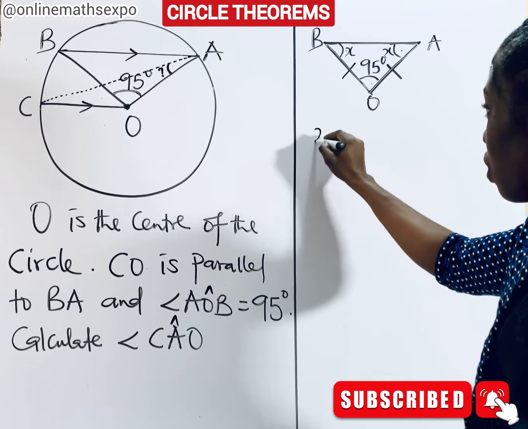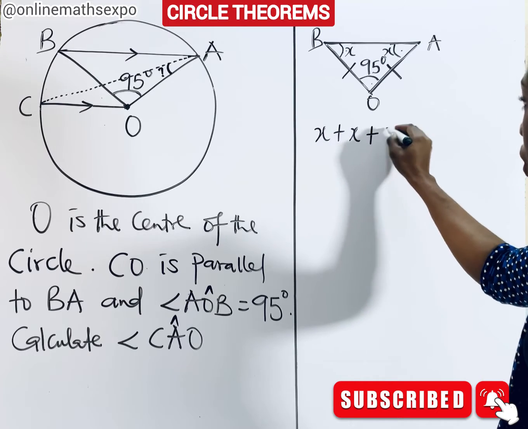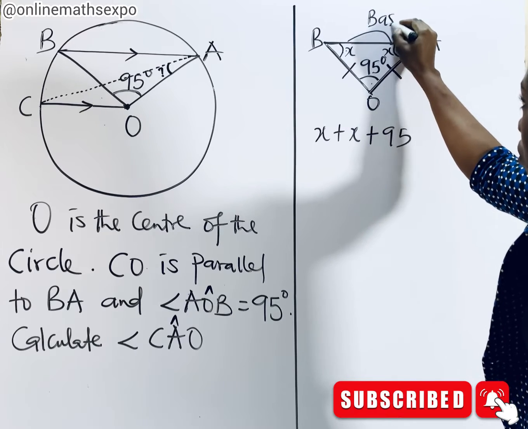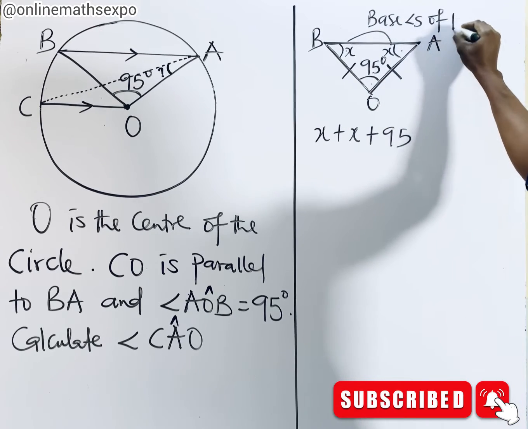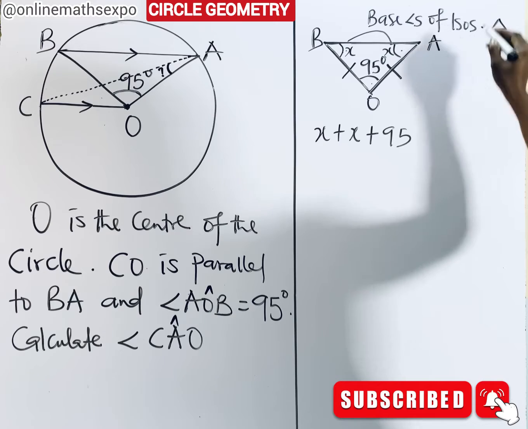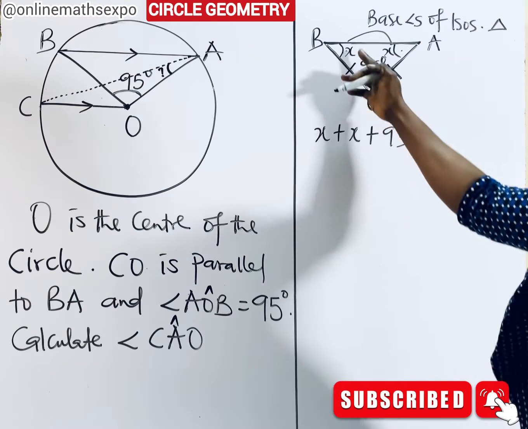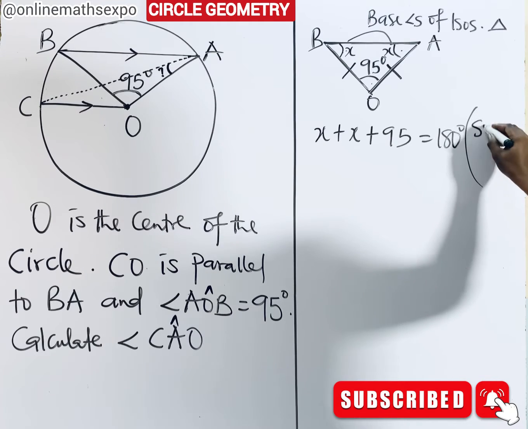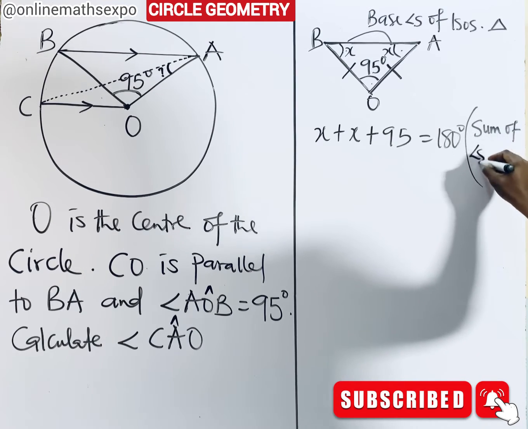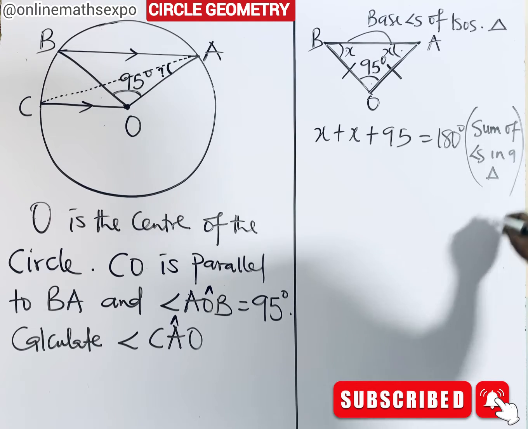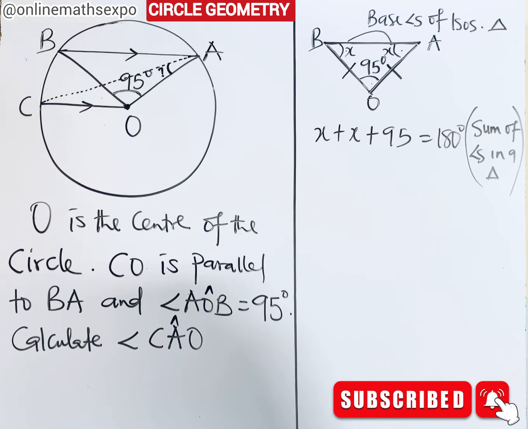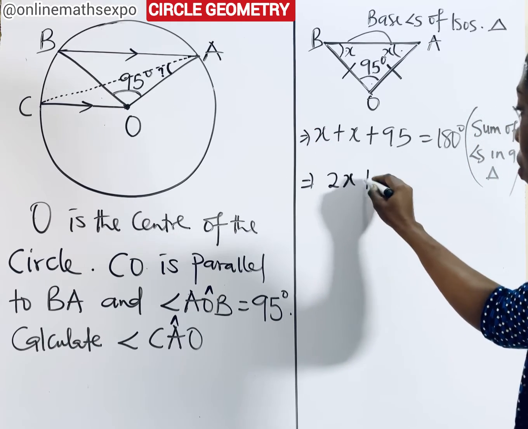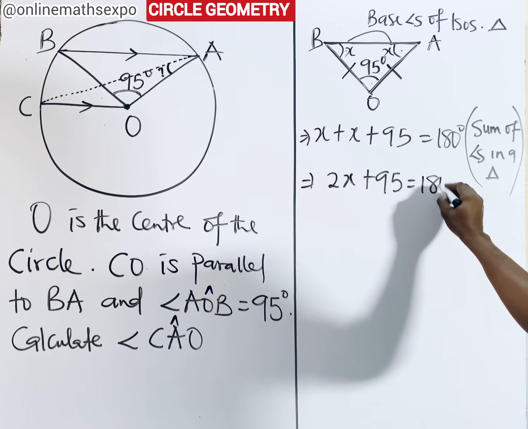So let's add it up. We have x plus 95 plus x. Remember, these are the same: base angles of an isosceles triangle. That is our reason. Now, add everything. It should be equal to 180 degrees. Why? Sum of angles in a triangle. I hope you are with me there. Now, let's add it up. This will give us 2x plus 95 is equal to 180.